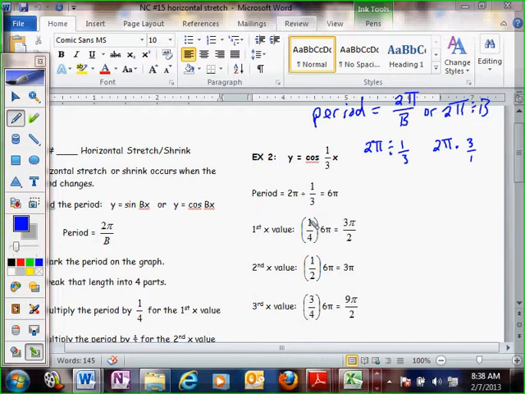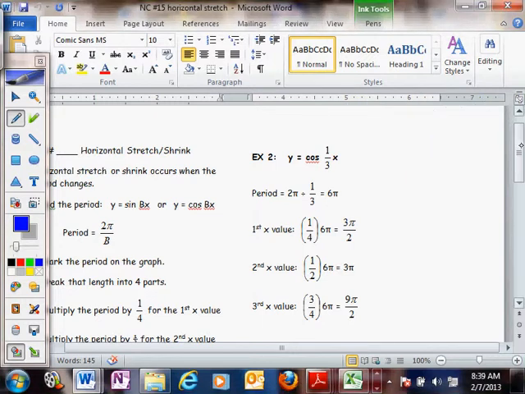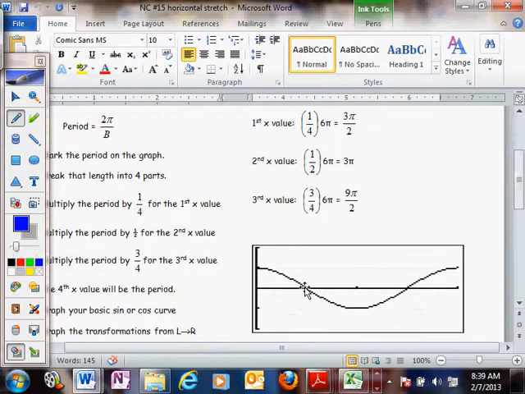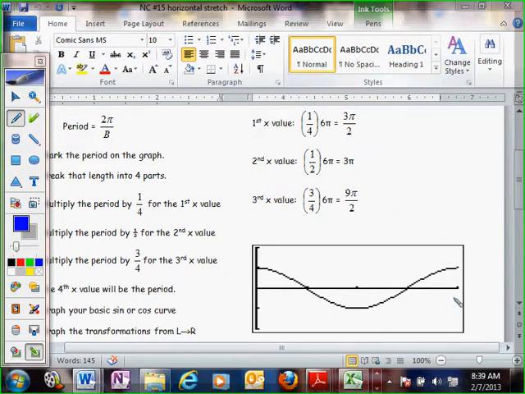And so I'm going to make my xy plane here. And I'm going to split it up into 4 parts, 1, 2, 3, 4. But I have to know what are the first, second, and third values. Well, if my period is 6 pi, that tells me that this value over here is 6 pi.